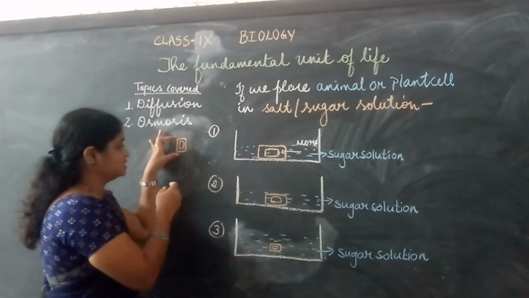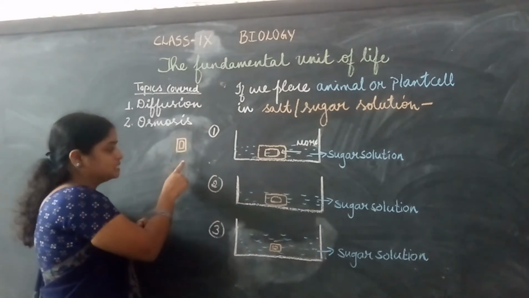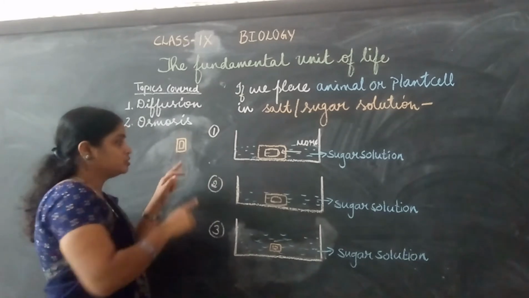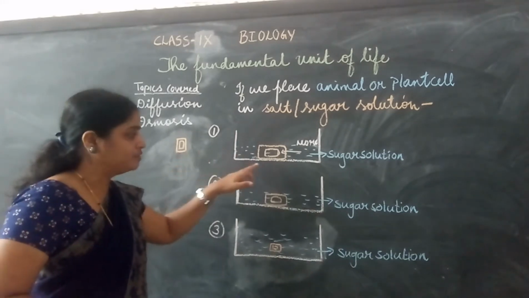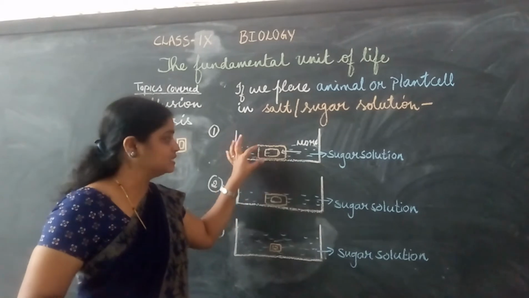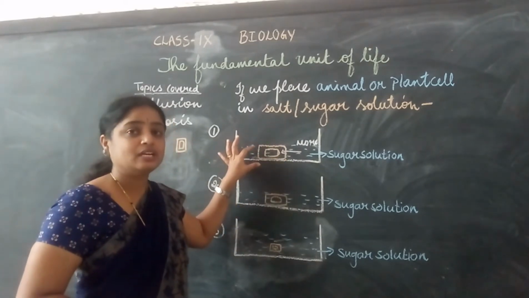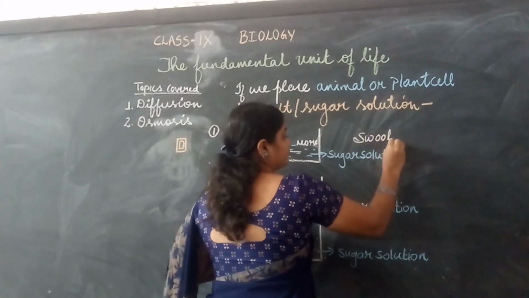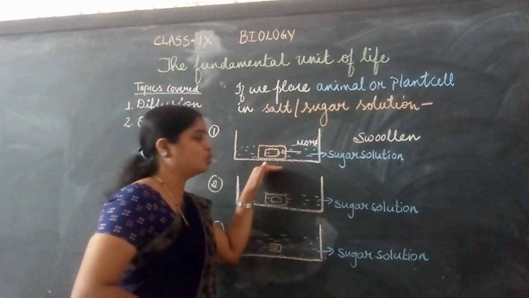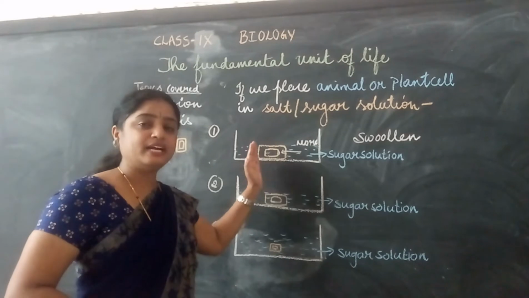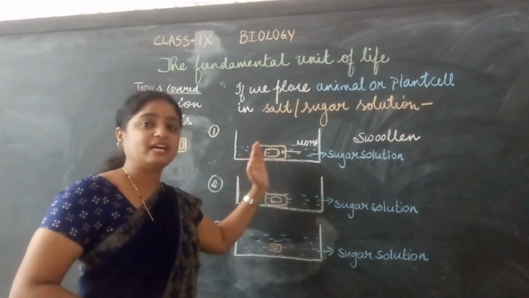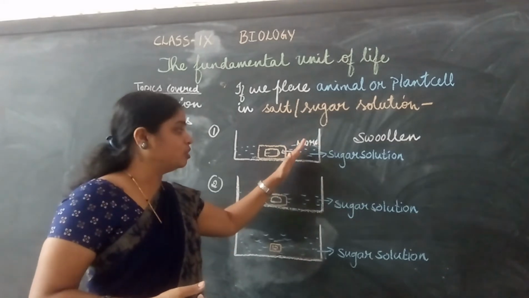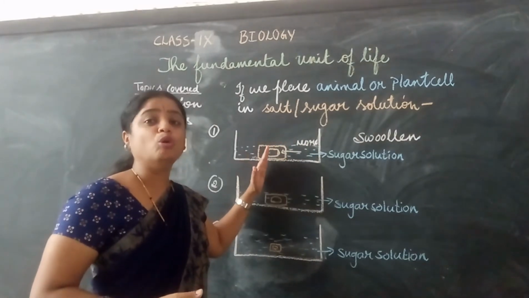Now you see here, this is the actual size of the cell which we took before placing it inside the sugar solution. After placing it here, the size has increased, the cell has swollen. Water moves from both sides, inside and outside, but the movement of water to the inside is more.